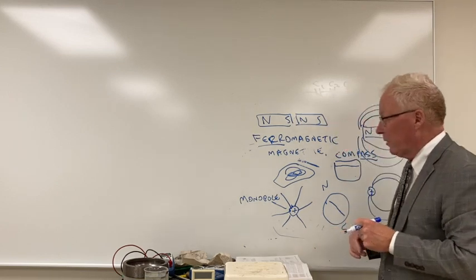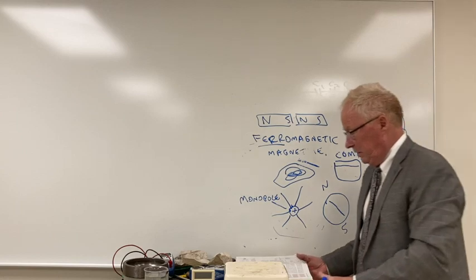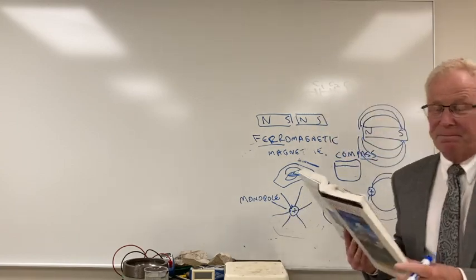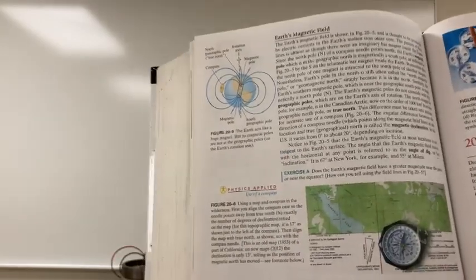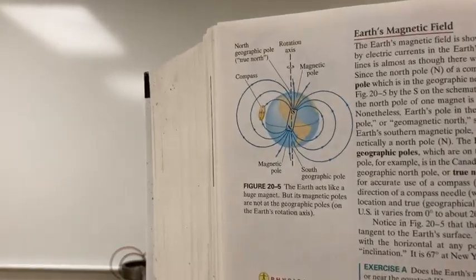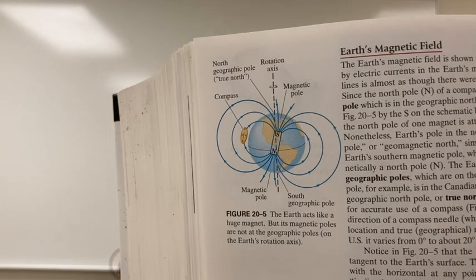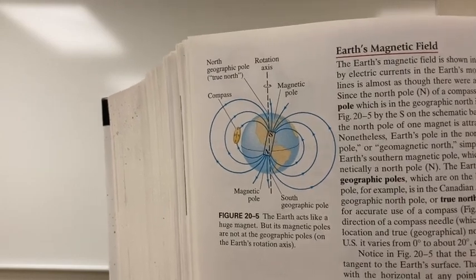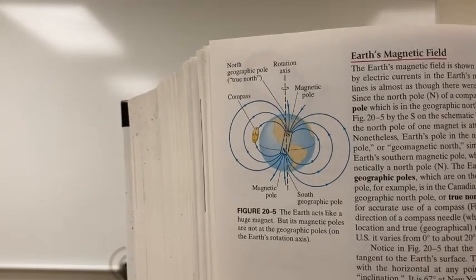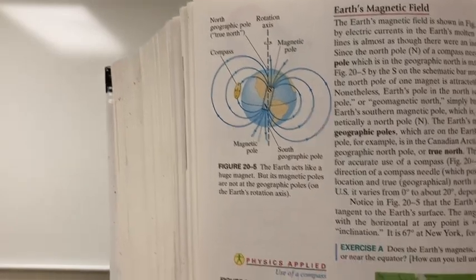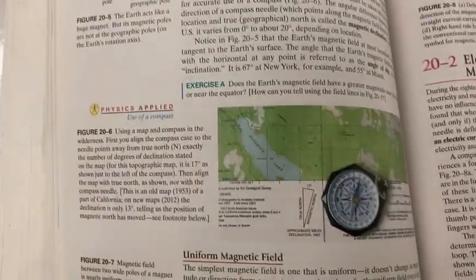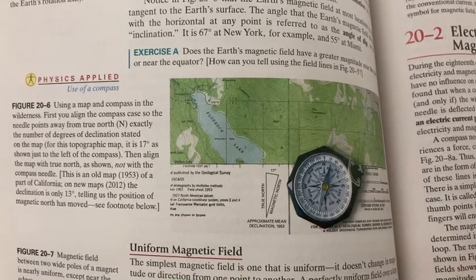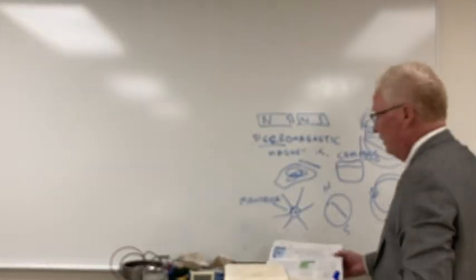Now, if we look at the Earth's magnetic field, if you look at it from the text, right, the Earth has a magnetic field too, and what we'll see is the Earth's magnetic field doesn't quite point at the exact North Pole.